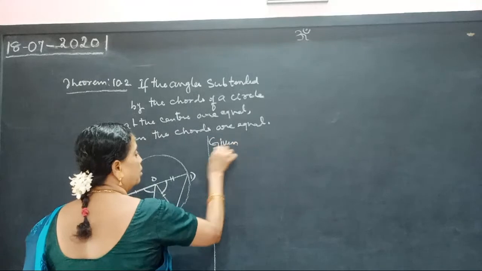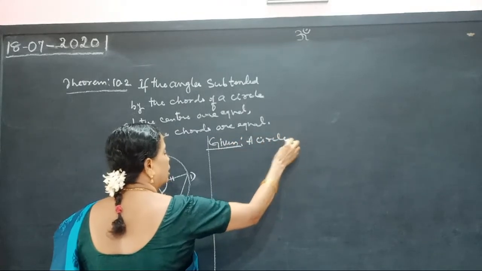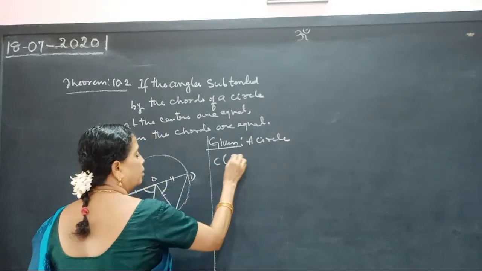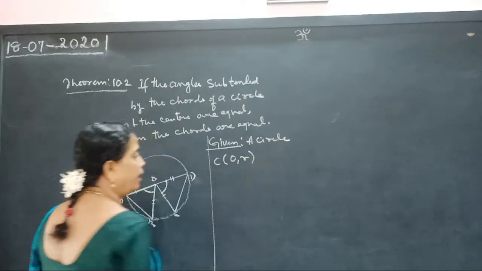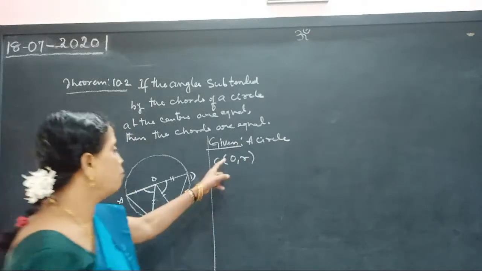Given a circle, like this. If you write it like this, we can read it as circle C, that is C(O, R).